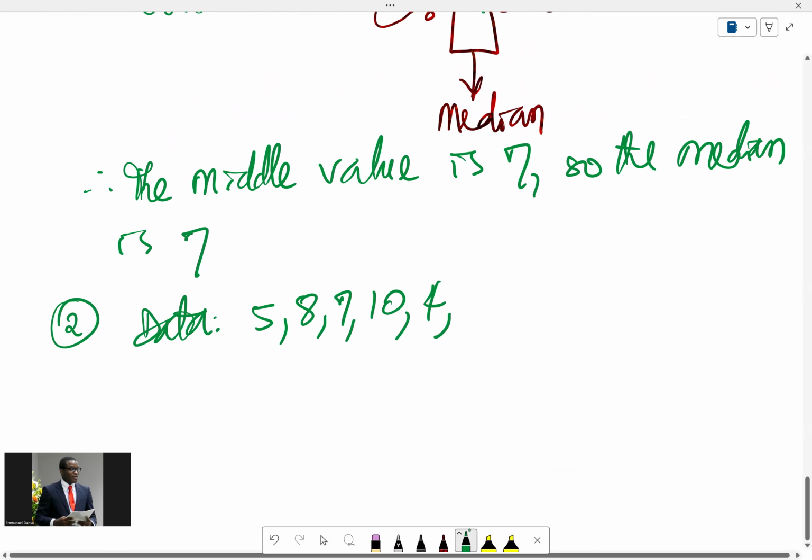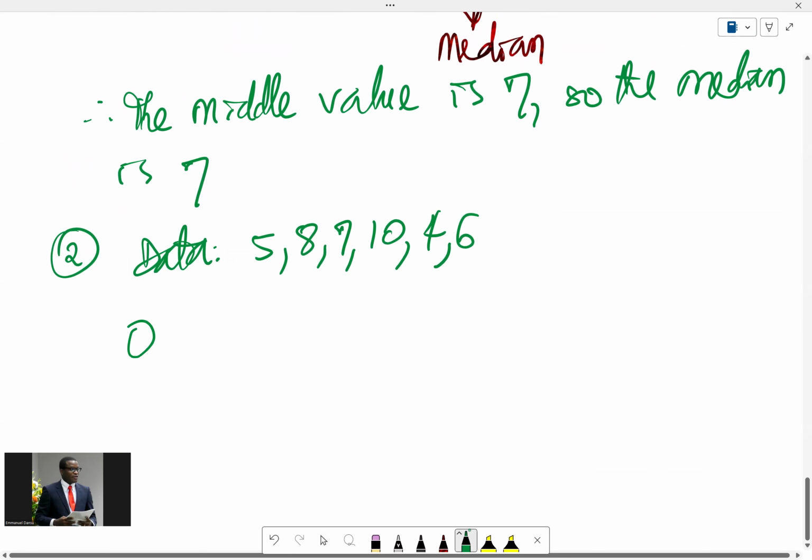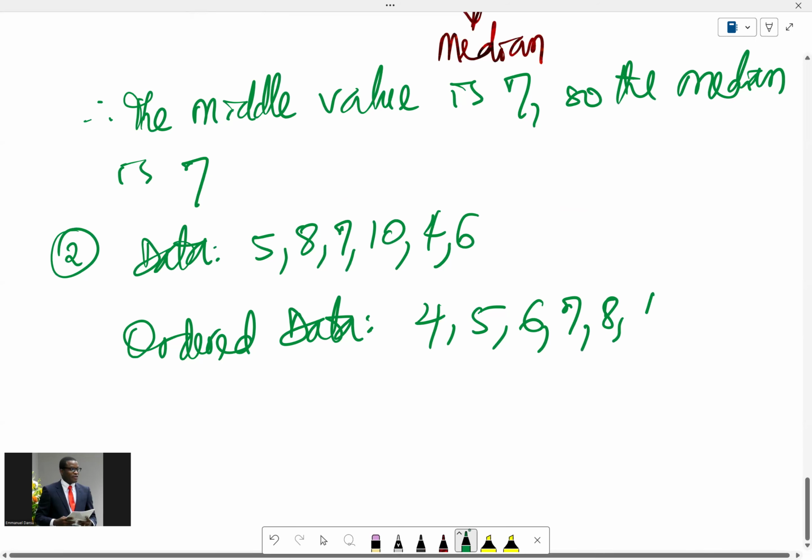And then maybe you add something, let's say 6 now. So that's the raw data. Then the ordered data would be 4, 5, 6, 7, 8, and 10.